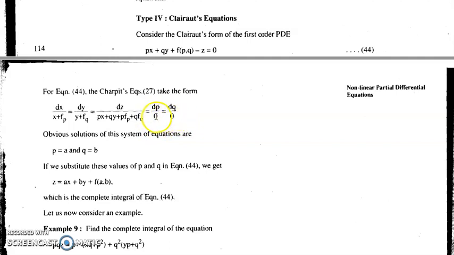So dp by 0, dq by 0. Now dp by 0 will give the equation p equal to a, and dq by 0 gives q equal to b. So therefore you have p equal to a and q equal to b. So on substituting, we will get the solution z equal to ax plus by plus f of ab. So this is the required solution.